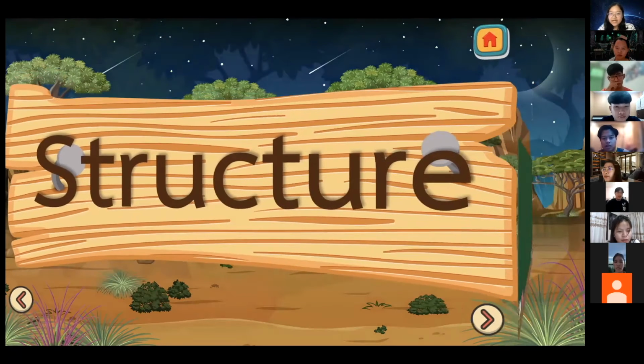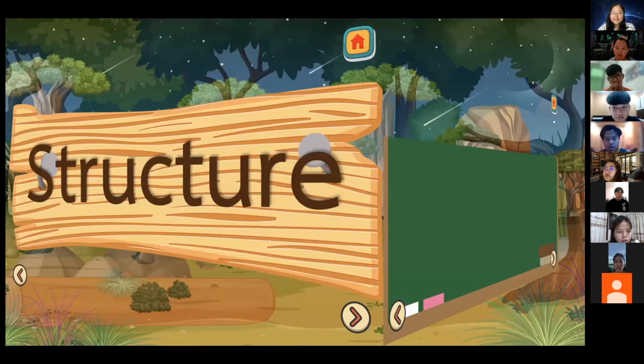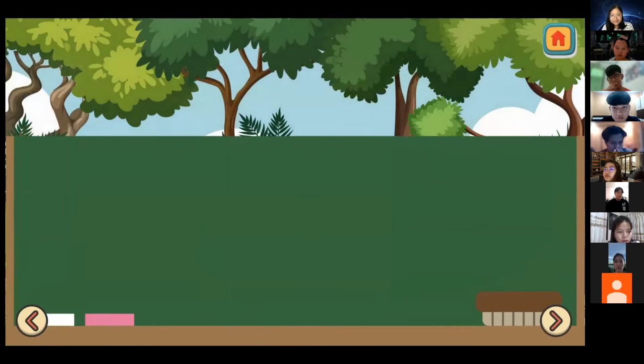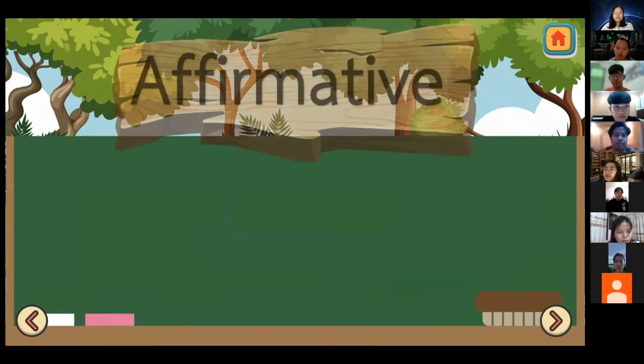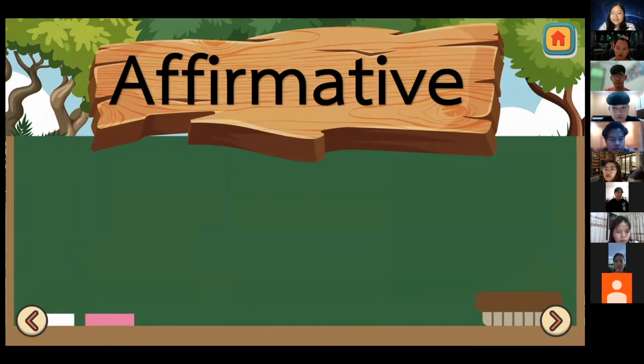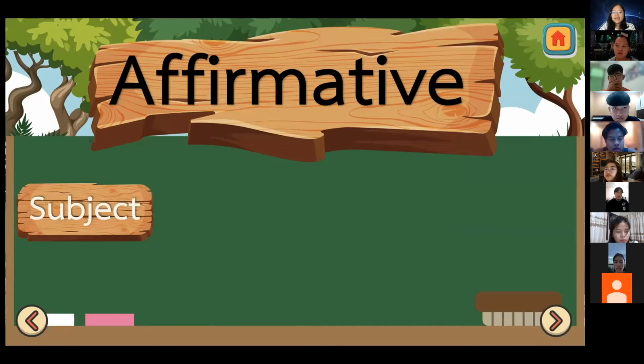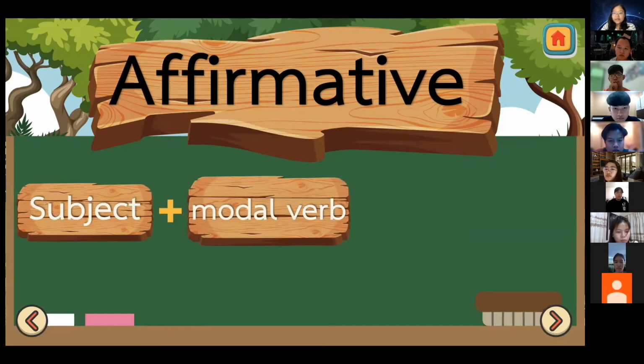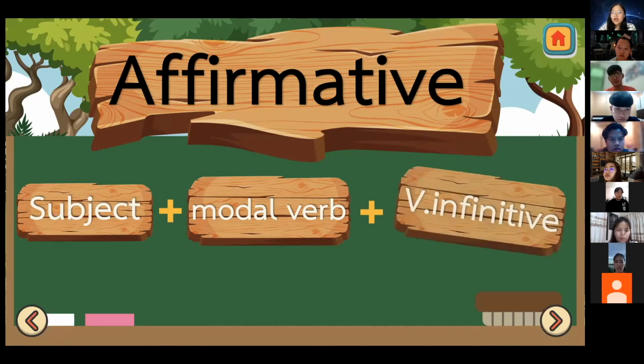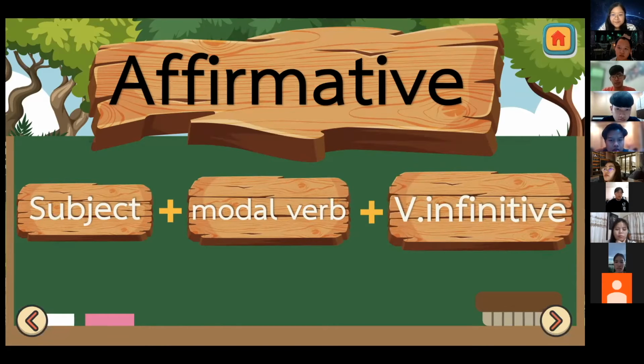Let's move to the structure. The first structure I will teach you is affirmative. The affirmative sentence starts with the subject, then you use the modal verb, followed by the verb infinitive. Only the verb infinitive is used after the modal verbs.